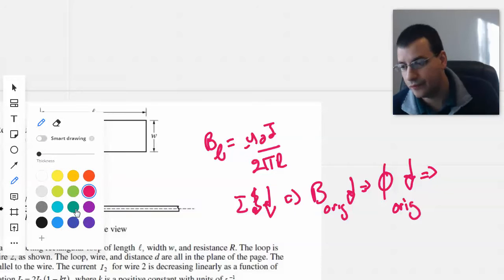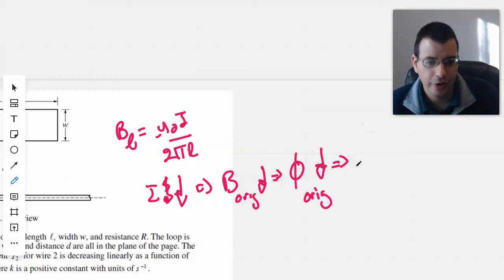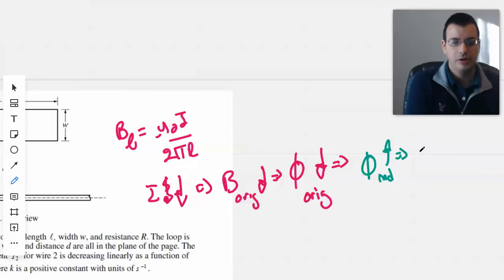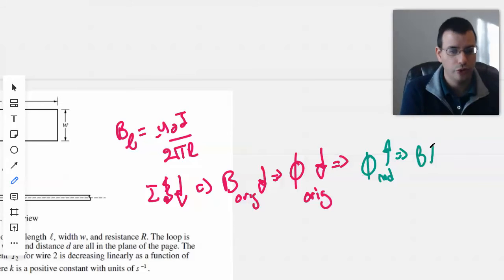Therefore, the flux induced will rise. Therefore, the magnetic field will rise in the same direction that it's already in.